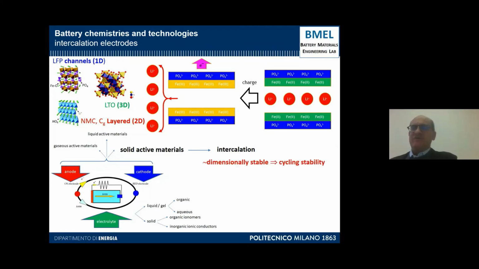Now, intercalation electrodes are desirable since they do not undergo a phase change, a phase formation process, during redox, so they bear promise of dimensional stability during cycling. But the downside of intercalation electrodes is that, being based on host structures, they exhibit an intrinsically low density of active material.